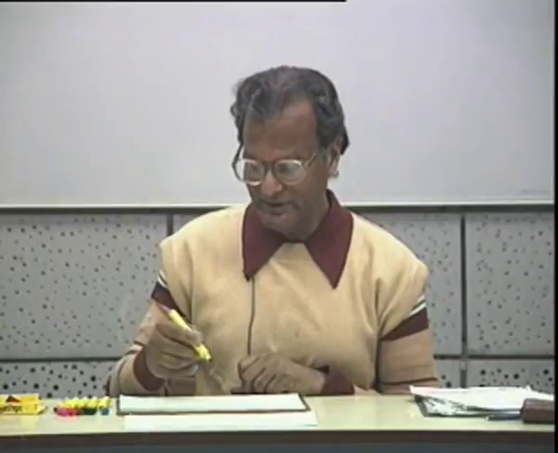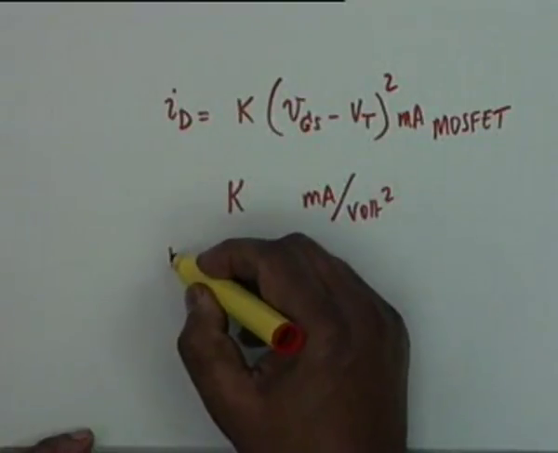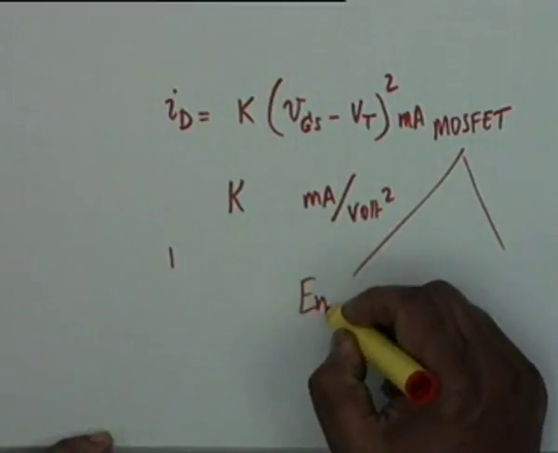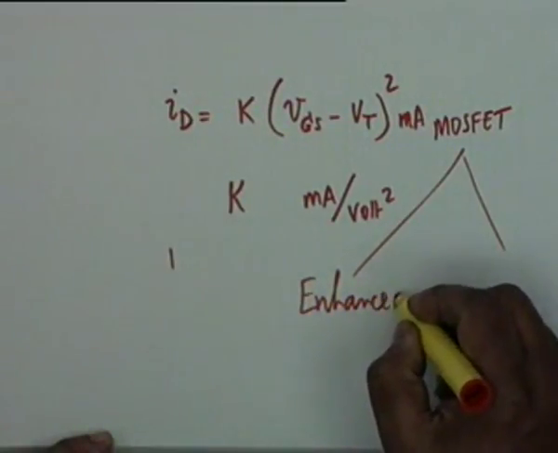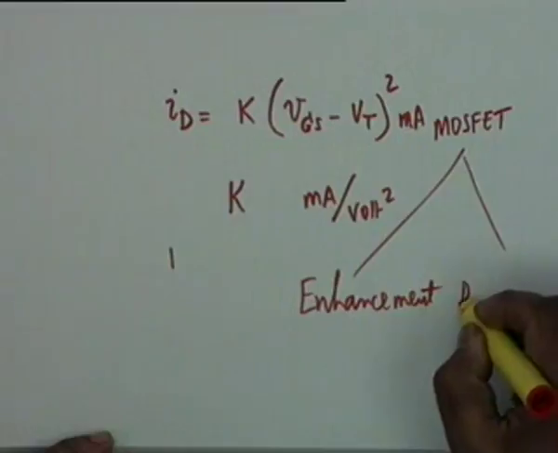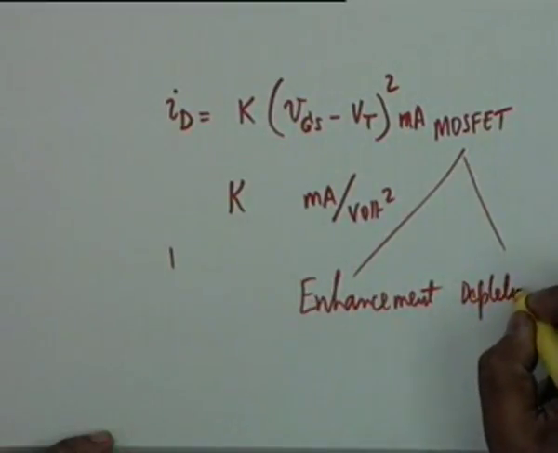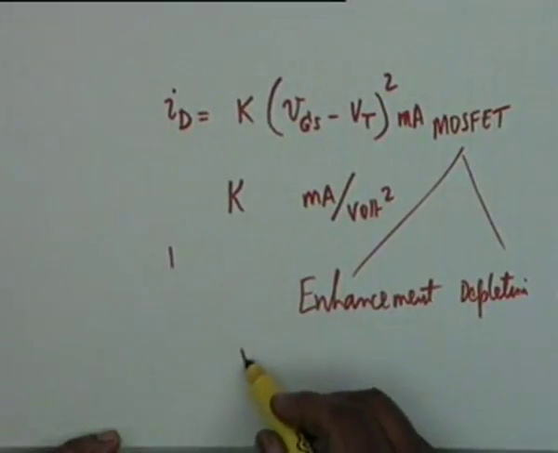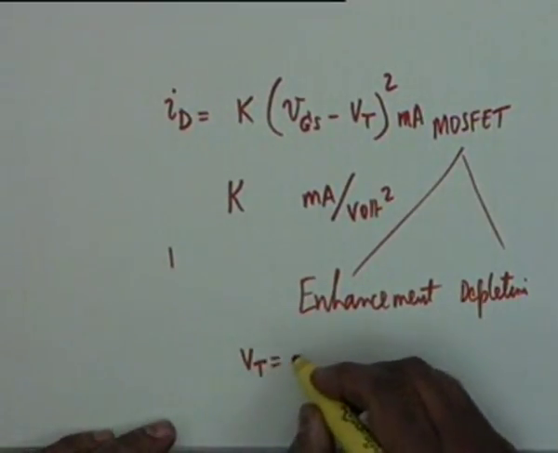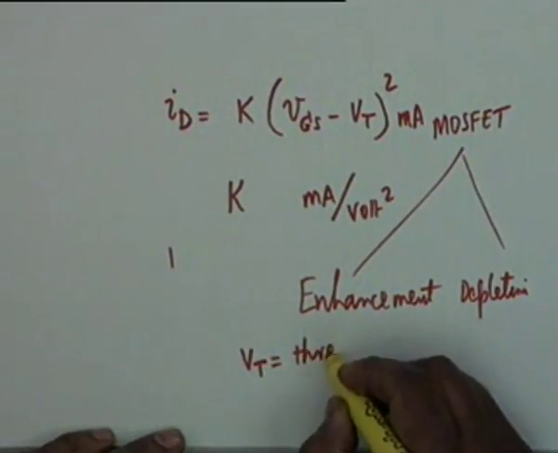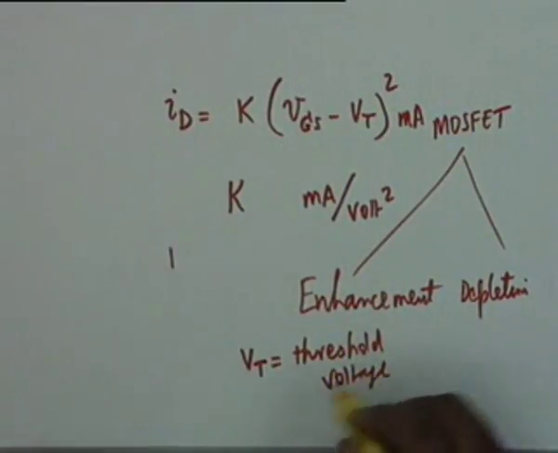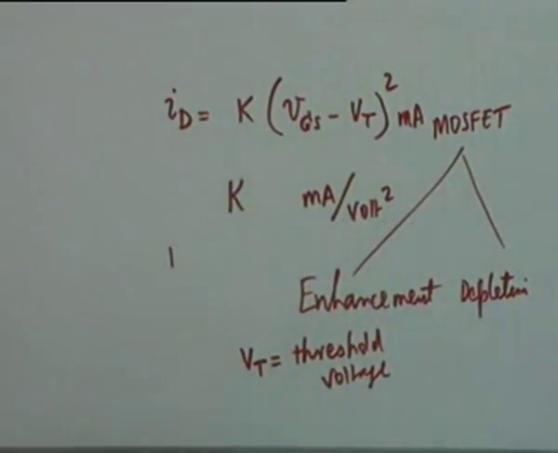The other thing that I want to mention is that in MOSFET there are two types, enhancement mode and depletion mode. For enhancement mode, VT has the interpretation of a threshold voltage. This threshold is for saturation again.